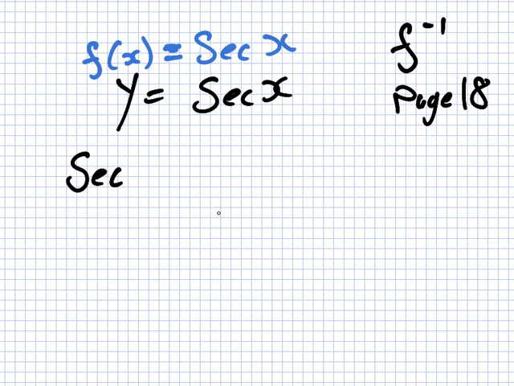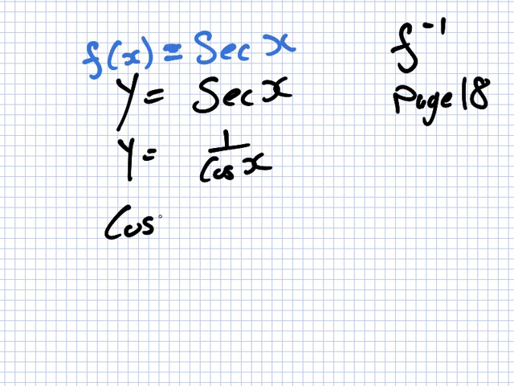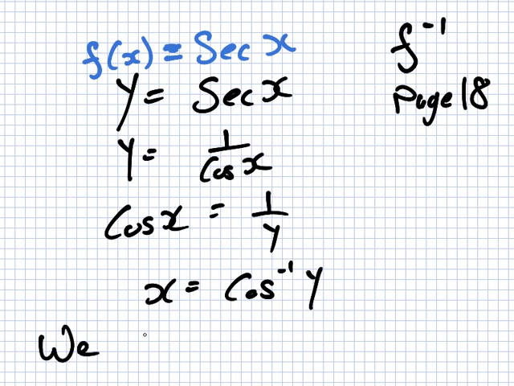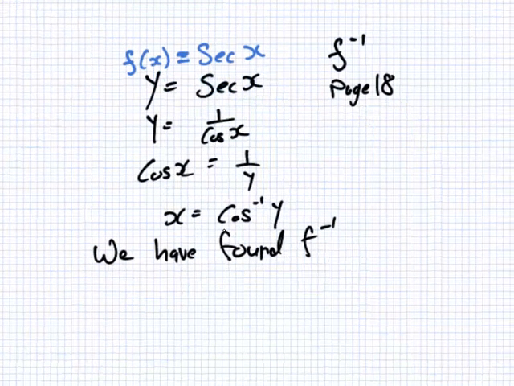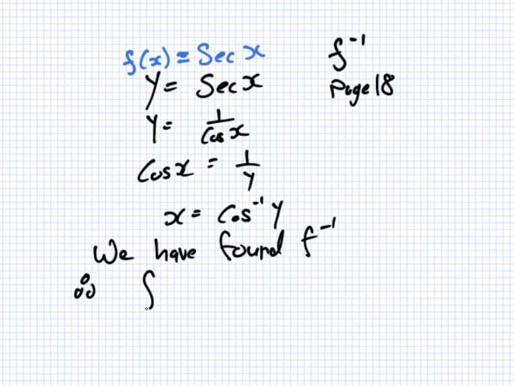Then I have y equals 1 over cos x. So cos x equals 1 over y. So x equals cos inverse y. So we have found f inverse.